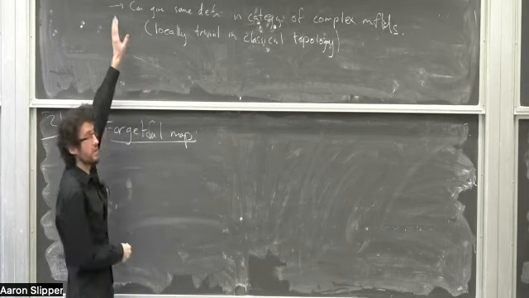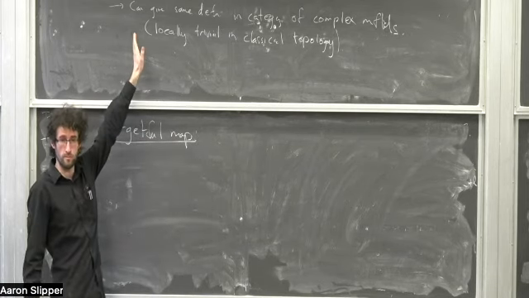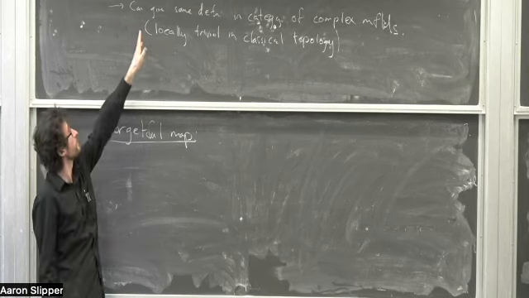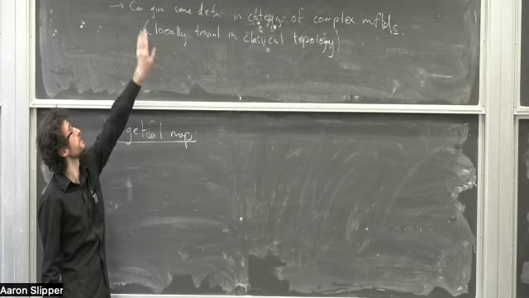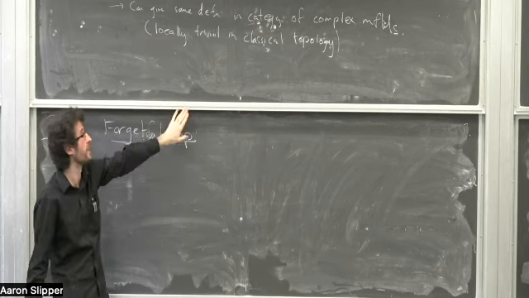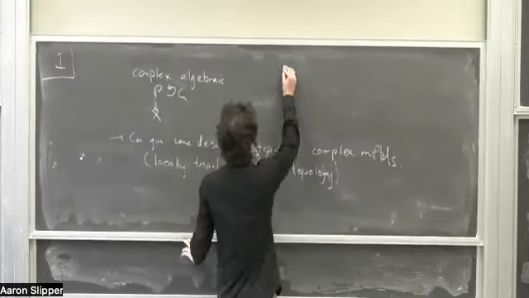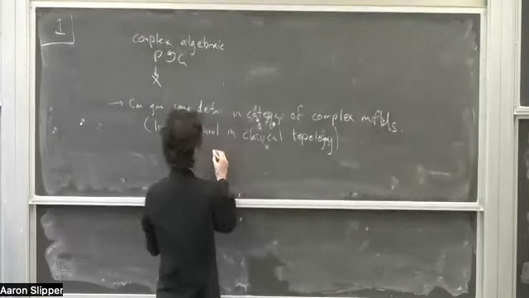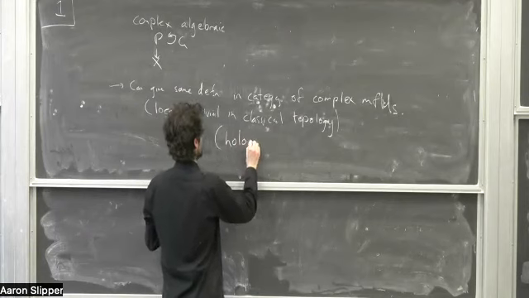So in the category of G-bundles where both of these are complex manifolds, and this is a map of complex manifolds, we're going to call these holomorphic principal bundles.